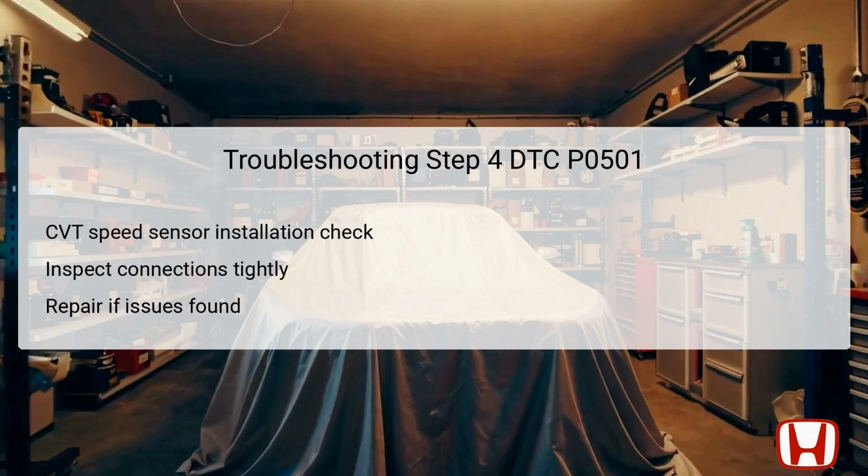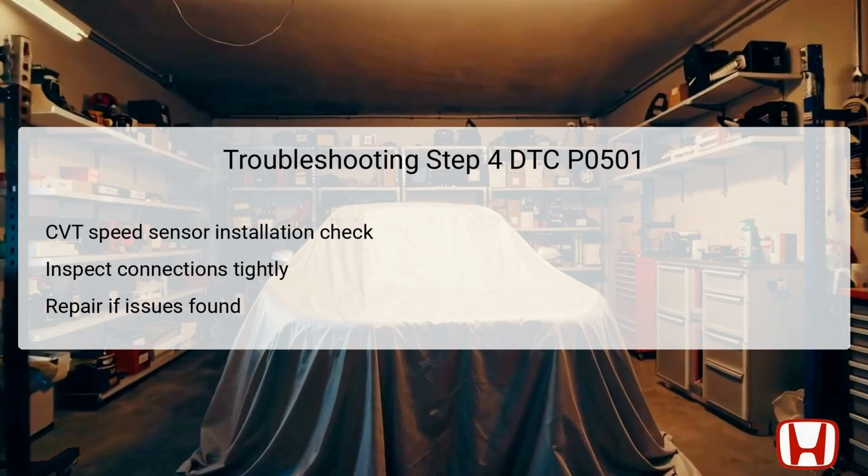In this step, closely inspect the installation and connections of the CVT speed sensor. A faulty installation can disrupt the sensor's ability to convey accurate speed information to the TCM. If the connections and installation appear sound, then the next logical step is to replace the CVT speed sensor itself.